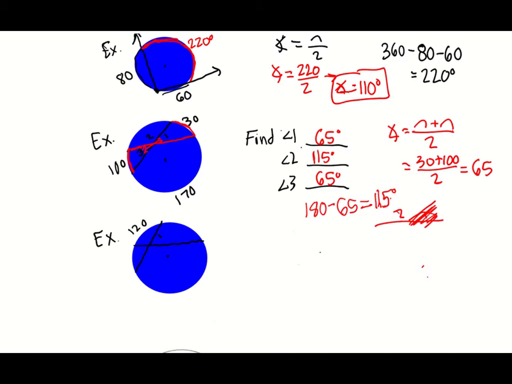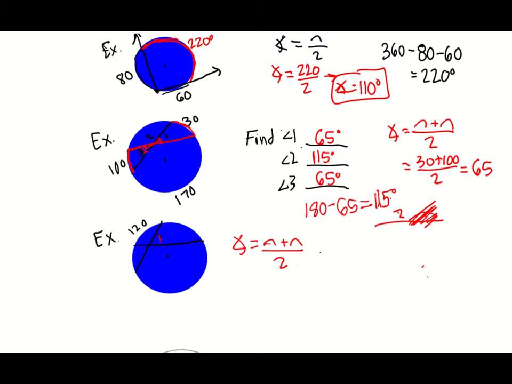Okay, in our next example, we have, again, our angle is inside our circle, but it's not at the center. So we have our same equation. Angle equals arc plus arc over 2. But we want to figure out what angle 1 is.